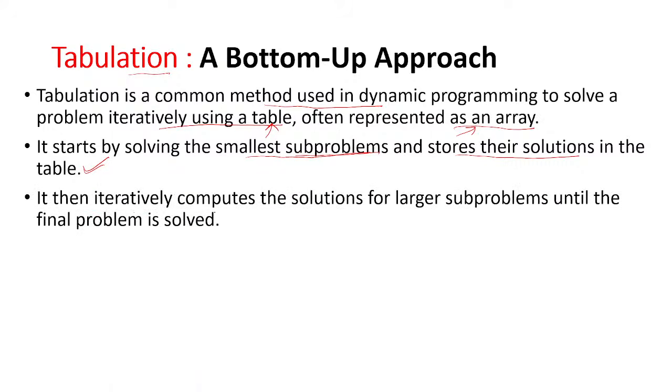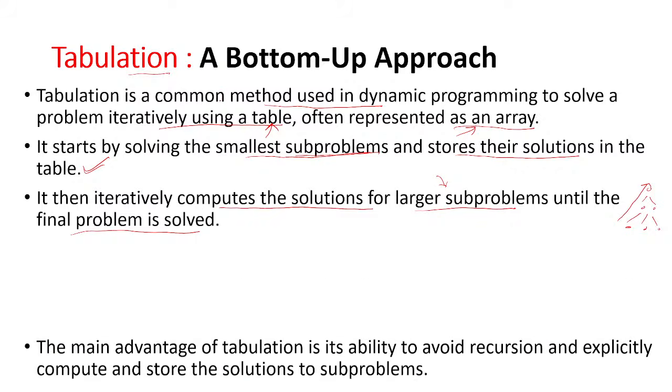Then iteratively it computes the solutions for larger problems by combining the solutions of smaller subproblems, and goes on like this from bottom to top until it finds the solution for the final problem. This is the approach followed in the tabulation technique.